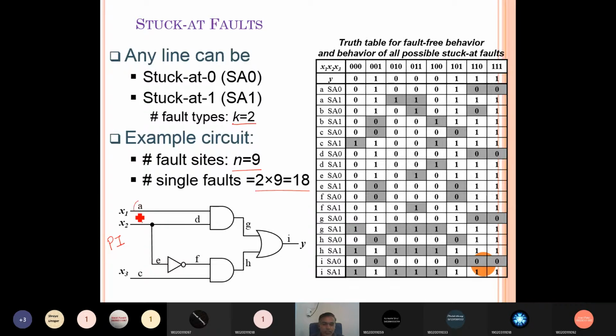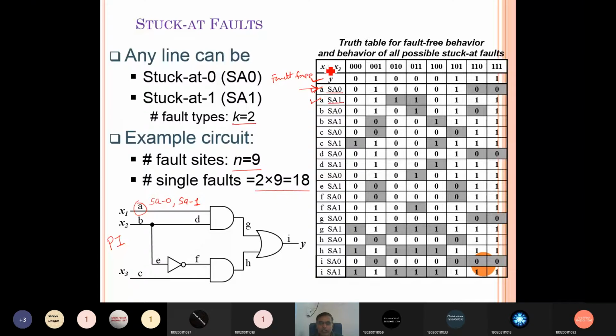Here, on line A, two faults are possible: one is stuck-at 0, another is stuck-at 1. Y is the fault-free output, and this row is the output when the stuck-at 0 fault is present on line A. Similarly on line B, stuck-at 0 and stuck-at 1, and similarly on lines C, D, E, F, G, H and I. So in total there are 18 single stuck-at faults present in this digital logic circuit.